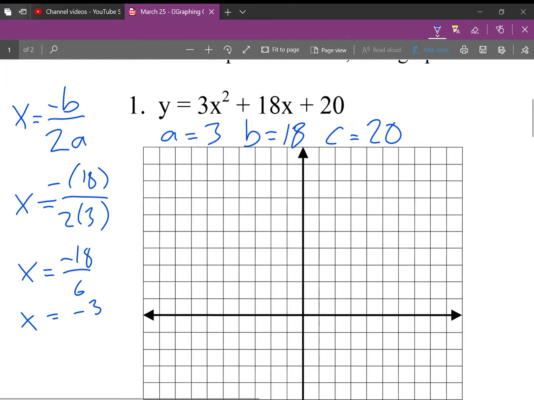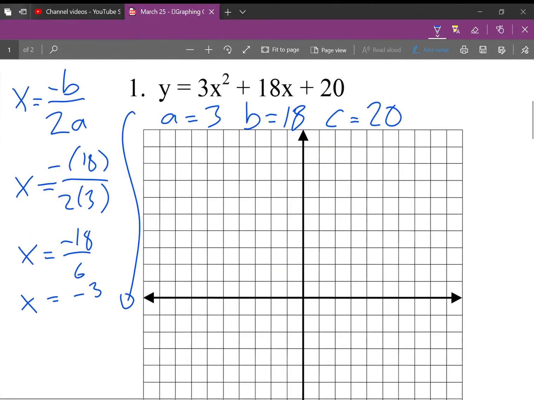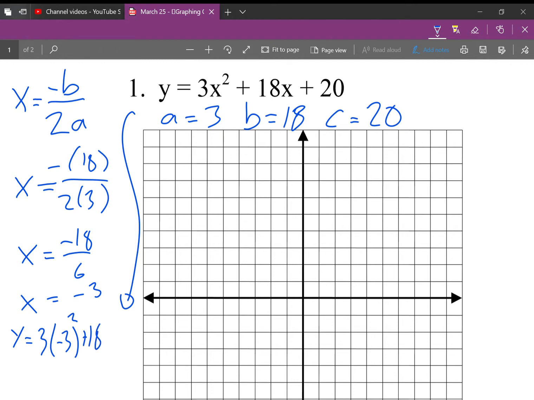What I need to do next, to find the vertex, I'm going to take that negative 3, plug it into the original equation. So let me go ahead and move this down here. So I'm going to have y equals 3 times negative 3 squared plus 18 times negative 3 plus 20.